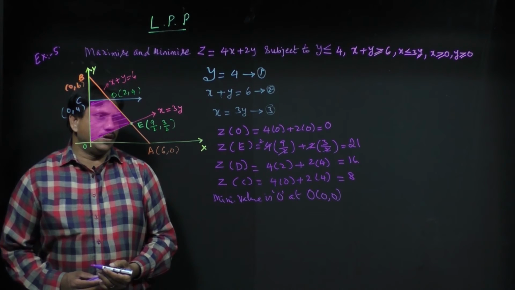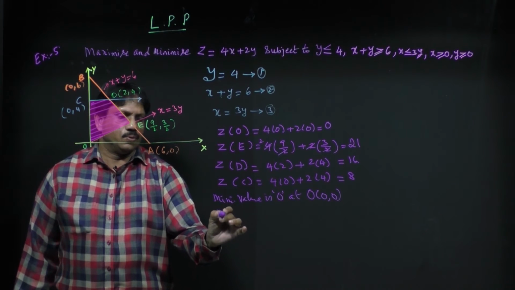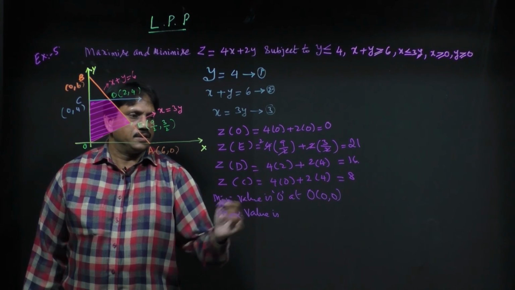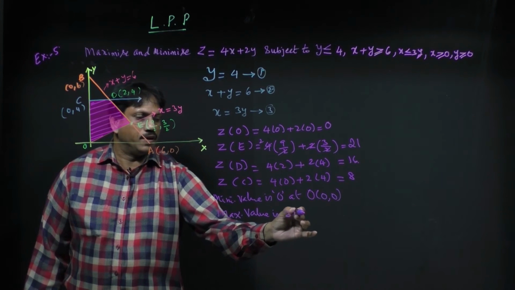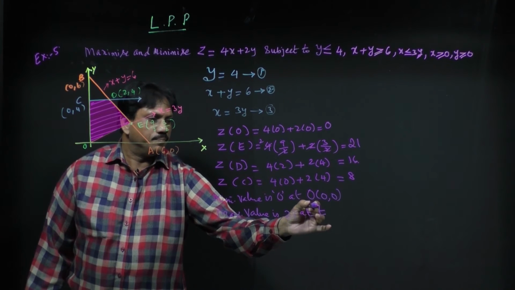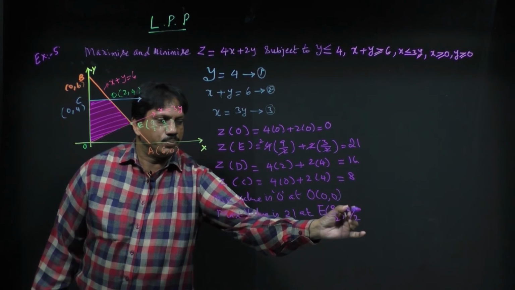And what is the maximum value? Maximum I can find is 21 at E. So the maximum value is 21 at the point E, that is (9/2, 3/2).